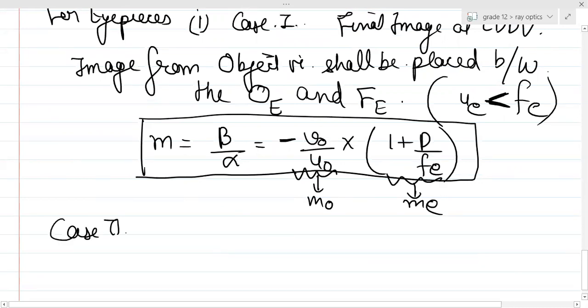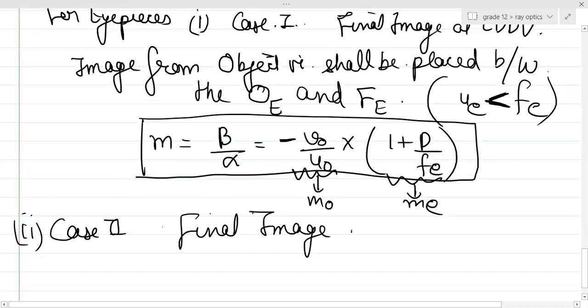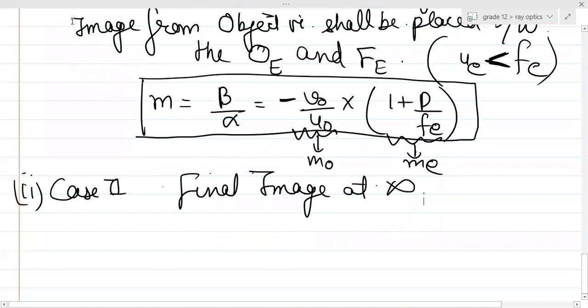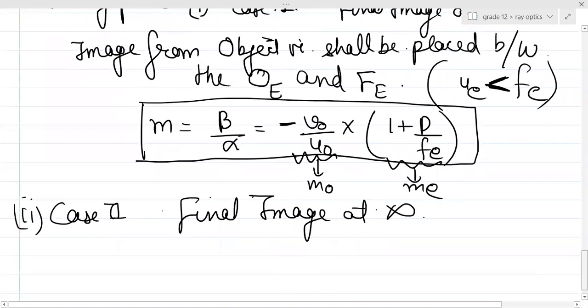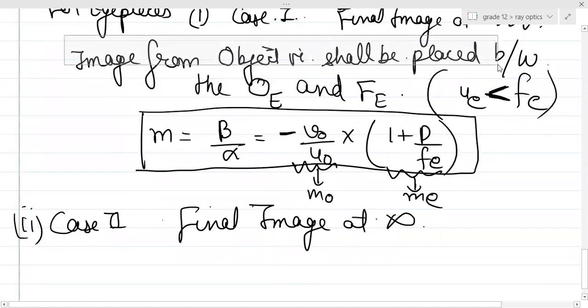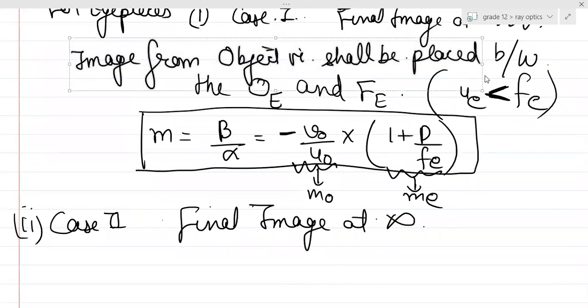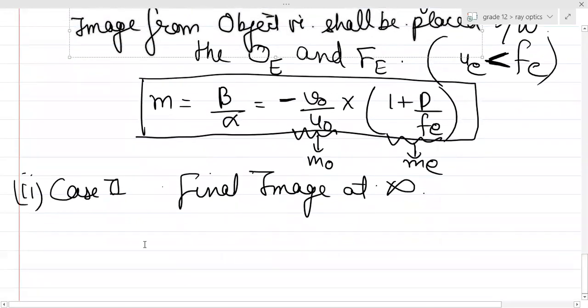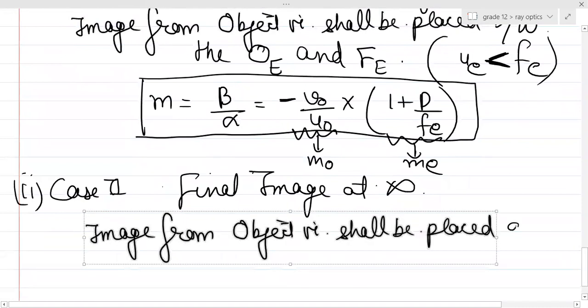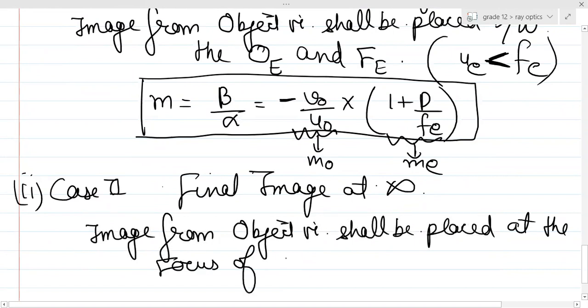Case 2: I'm just writing a summary so that you can understand the whole optical instrument thingy. If you want the final image at infinity, then the same thing, the image from the objective shall be placed at the focus of the eyepiece.